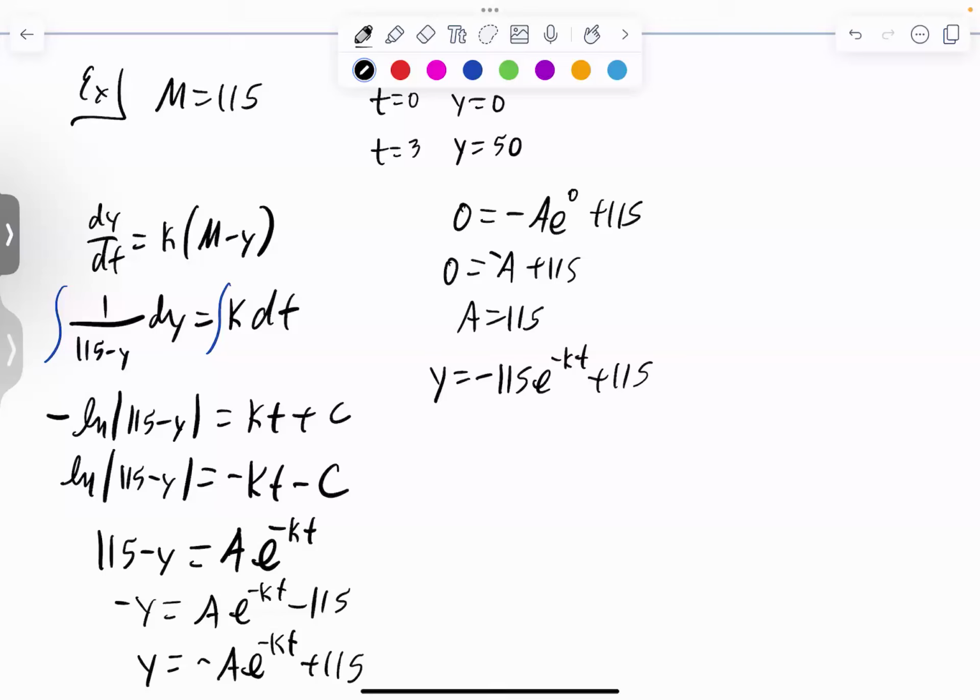So we've used the first initial condition to come up with A. Now A is 115, but when I plug back in, notice that the equation is negative A, so it's negative 115. And now I'm going to plug in when t equals 3, we get 50. Now I need to figure out what k is, so I'm going to subtract that 115.